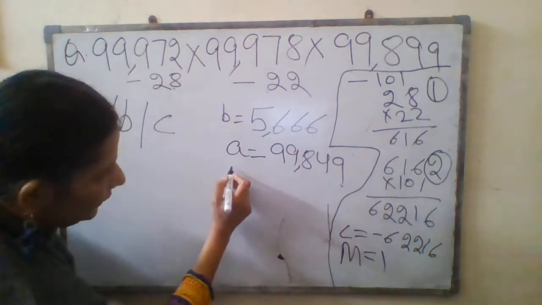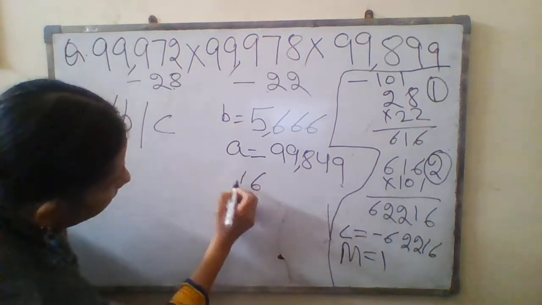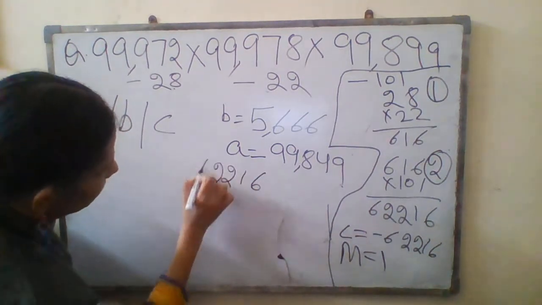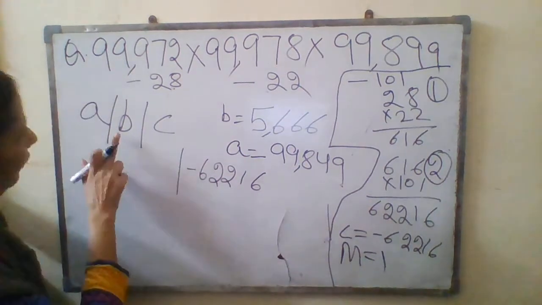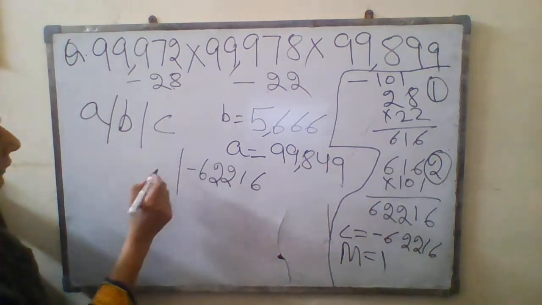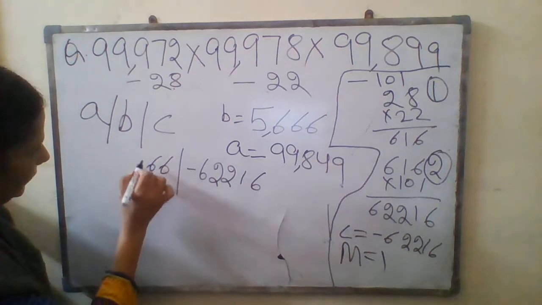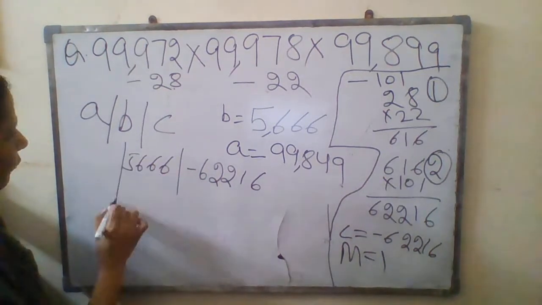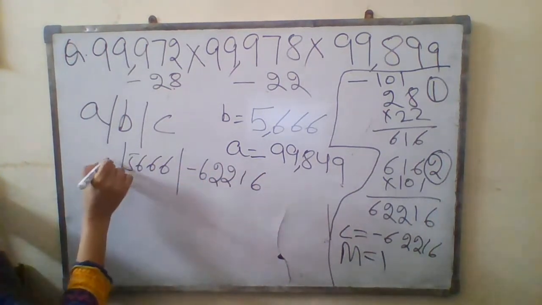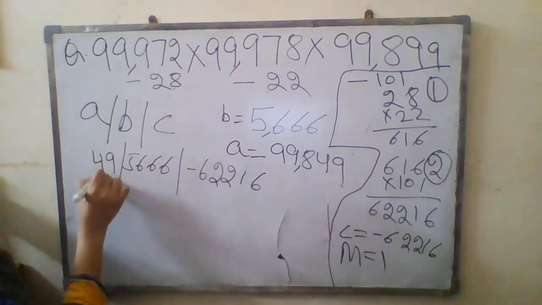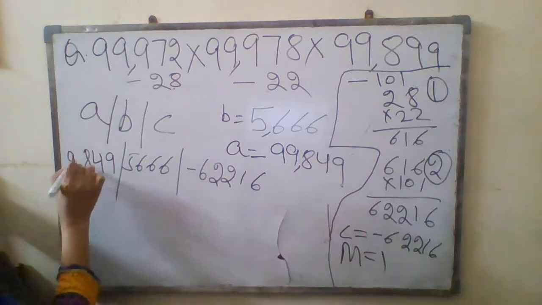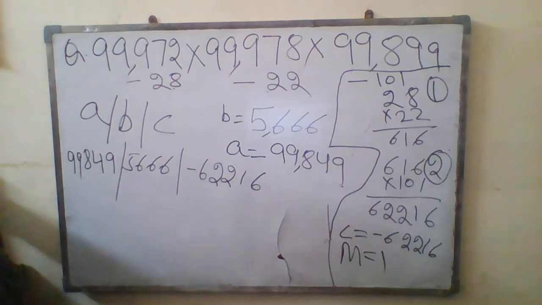Value of C is 6, 1, 2, 2, 6, and this is in minus. What is the value of B? 6, 6, 6, 5. What is the value of A? Here this is 9, 4, 8, 9, 9. You look here carefully. You have to just put the values.